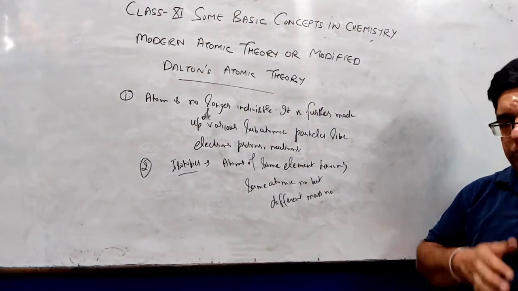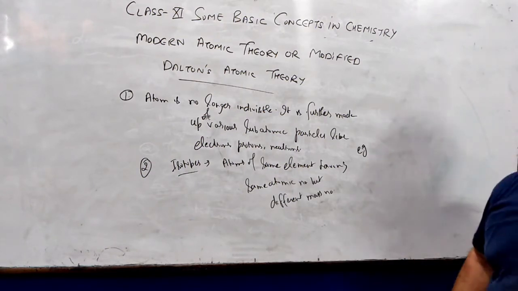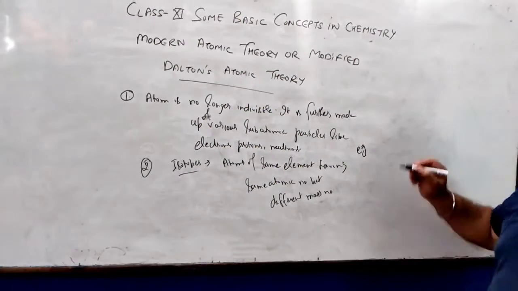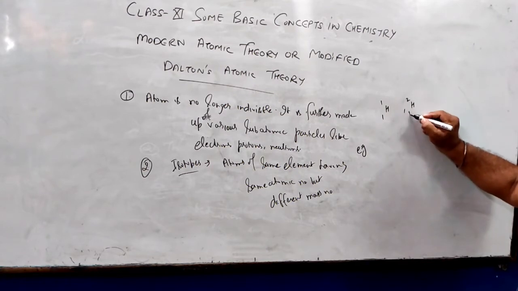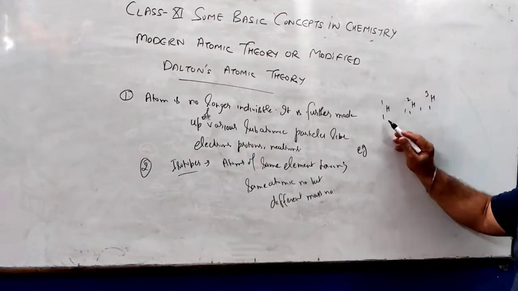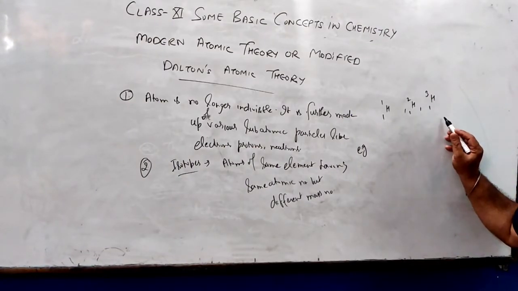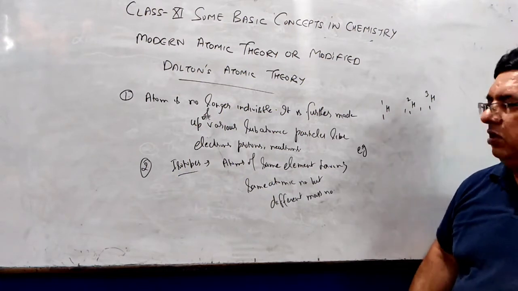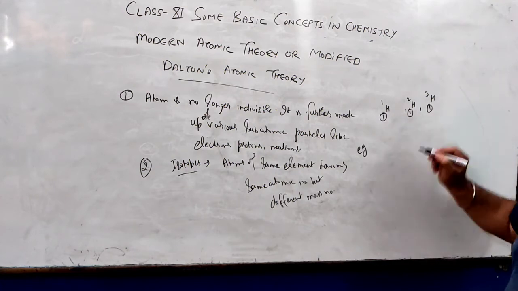So these are isotopes. For example, we know about the hydrogen element exists in the nature in the form of 3 isotopes. One is H11, second is H21, and the third one is H31. H11 is protium, H21 is deuterium, and H31 is tritium. These are the atoms of same element. All are the atoms of hydrogen element. They are having same atomic number. This one, जो lower side में लिखा है, this is the atomic number.